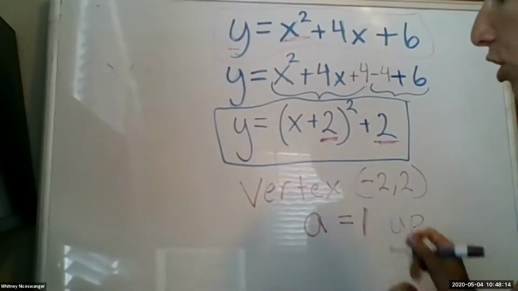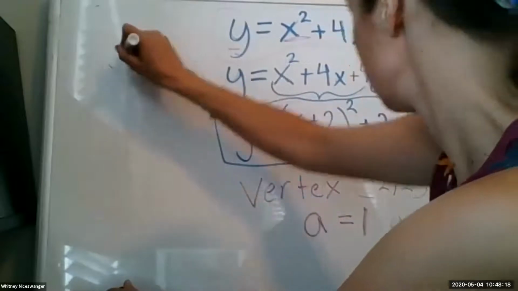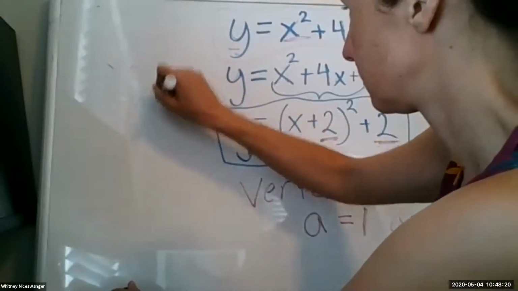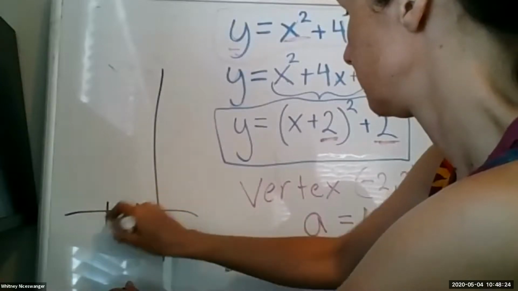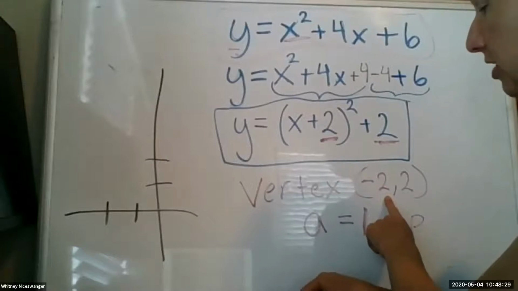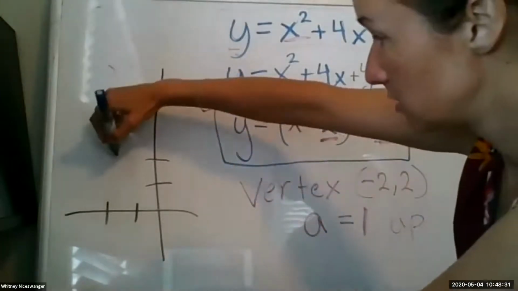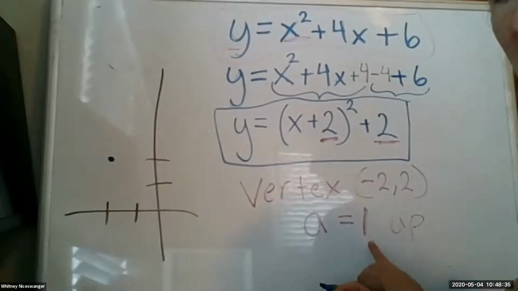Okay. So we can take a look at what this graph will be. So this (-2, 2) here tells us our vertex is at negative 2, 2. We know that we're opening up at a speed of 1.